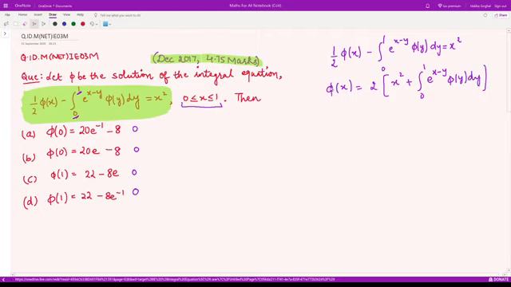Because now this unknown is on the left hand side, because this is the usual notation in which we write the integral equation. This is our f of x, right? And this is the kernel.